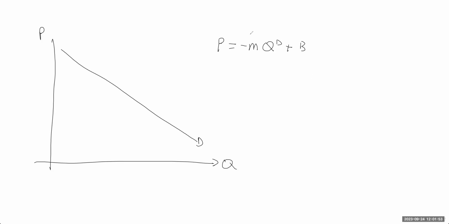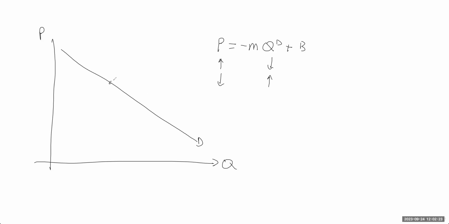This formula shows you the relationship between price and quantity demanded. So if price increases, we could see quantity demanded falls. If price falls, quantity demanded increases, and so on. This formula and curve are the same thing.